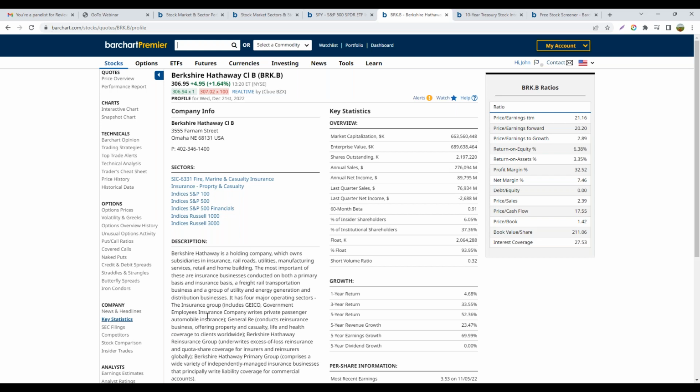And they show you that they are in a lot of different types of insurance companies. So here's another stalwart, blue chip type stock that is in the right sector at the right time based on the theory of market cycles and sector rotation.